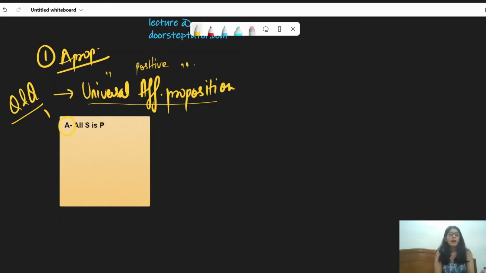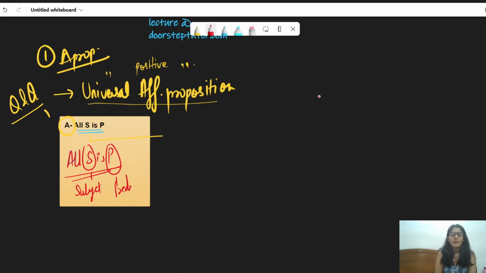So this is A. What exactly is happening in here? Before we discuss that, I want you to have a thorough understanding of this statement. I've written All S is P. Here S is the subject term and P is the predicate term. This is going to be common for all the other three, S and P. But what we have to understand here is which term is getting distributed.